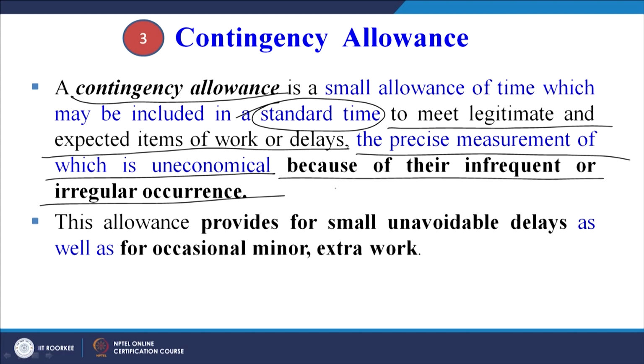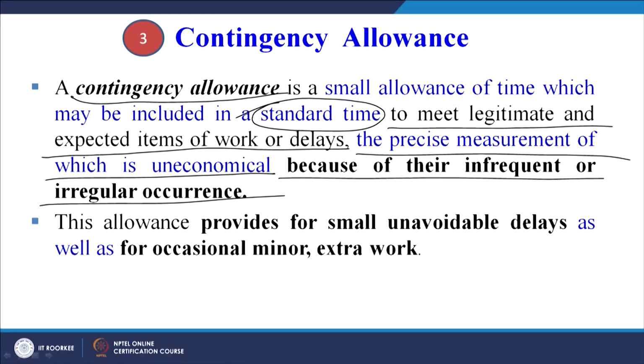So when the person is operating a machine or doing work with hand tools, there may be certain unexpected happenings. These happenings are not frequent, not regular, they are irregular and infrequent. So for those we give some allowances to the worker.